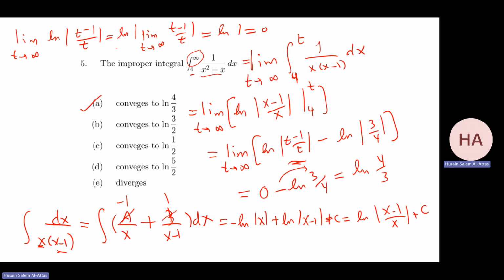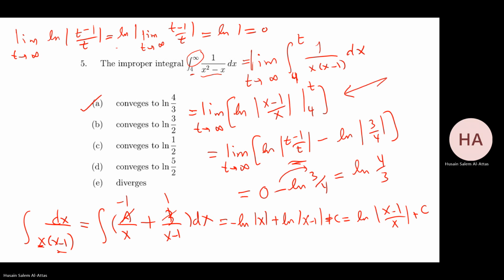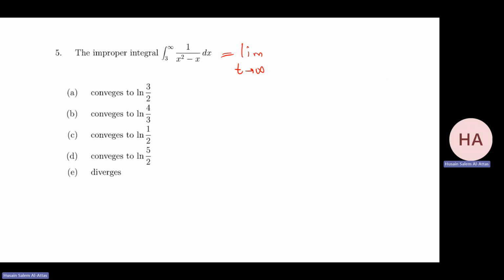This is almost the same as the previous one, but it's from 3 to infinity. So this one will be the limit as t goes to infinity. Let me go to this step, because before it will be the same as ln of the absolute value of (x minus 1) over x, from 3 to t.